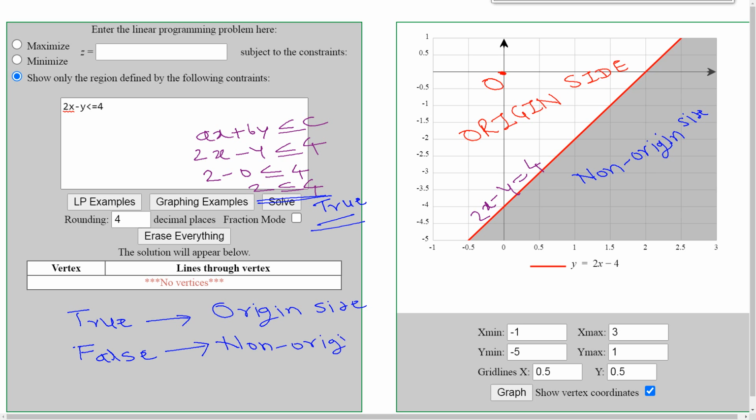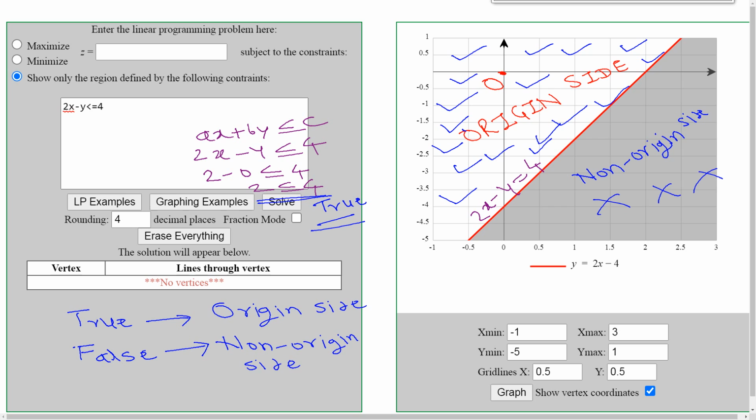So here the answer is true, and the answer is origin side. Whatever is in white color, you note that for the next few lectures, whatever is in white color, that is the answer. Non-origin side is not the answer.